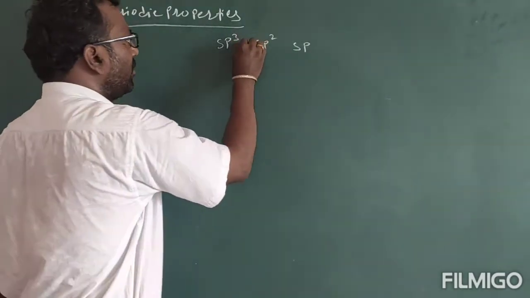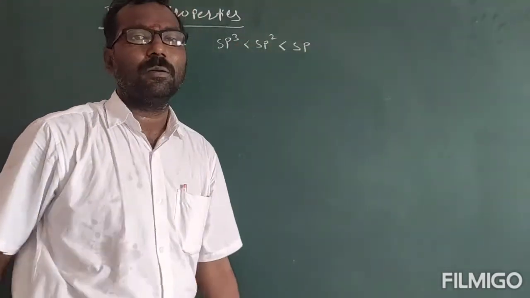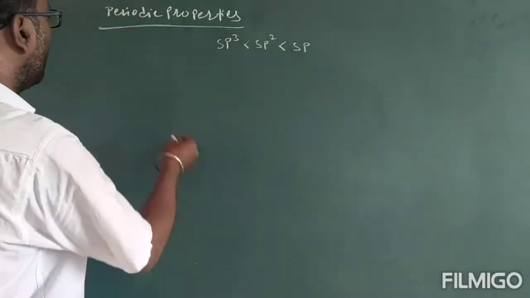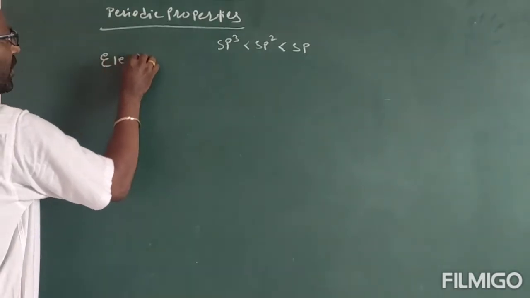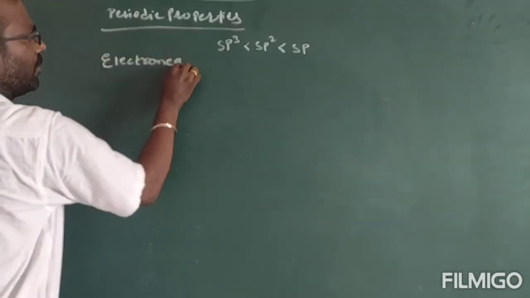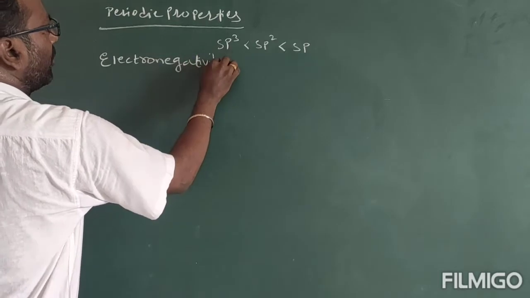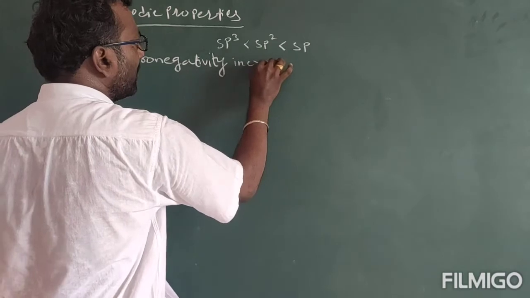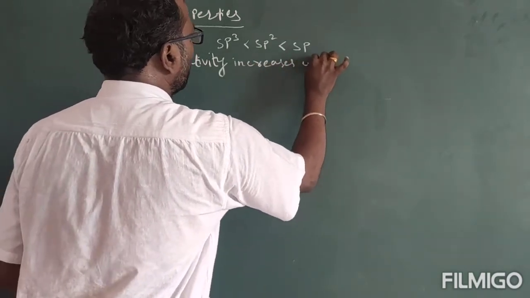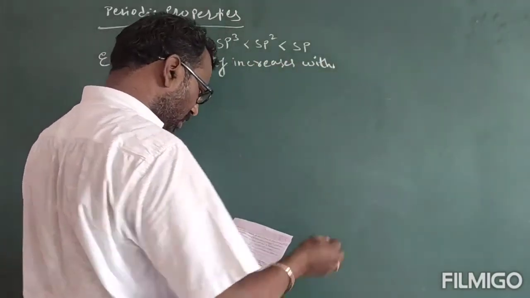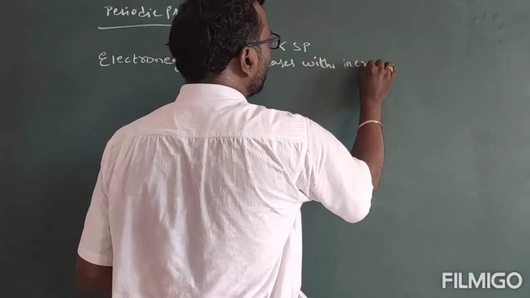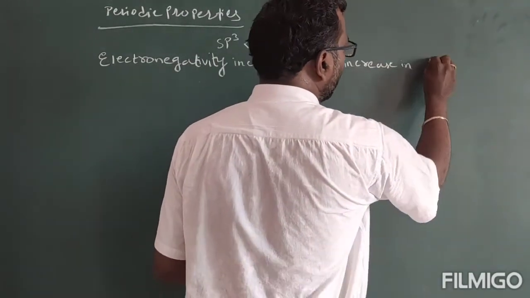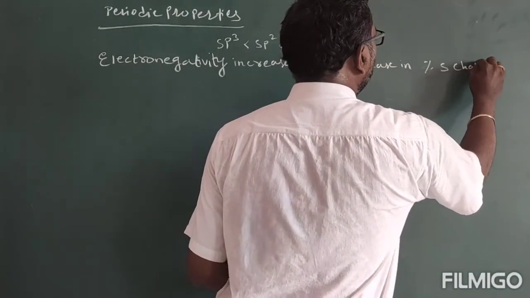Electronegativity increases with the increase in the percentage of S character.